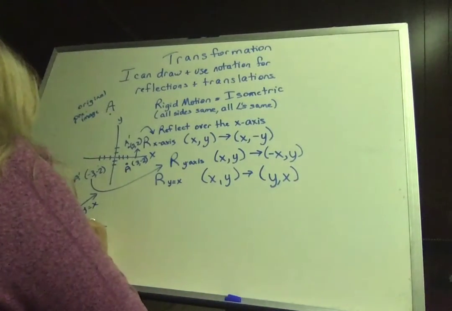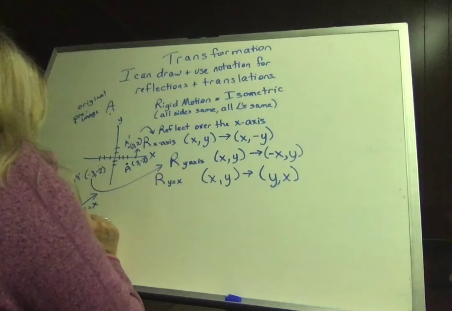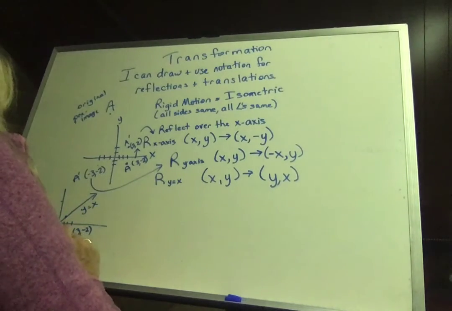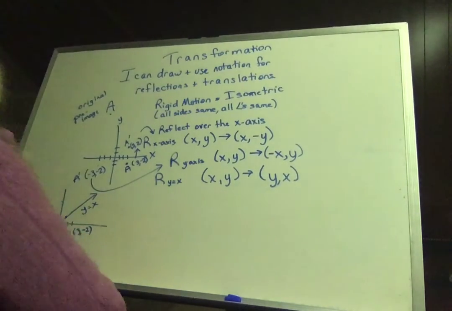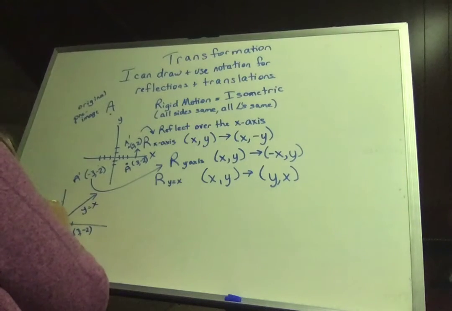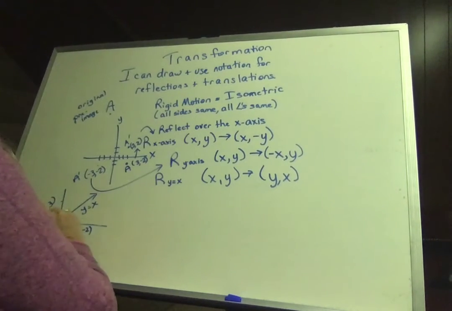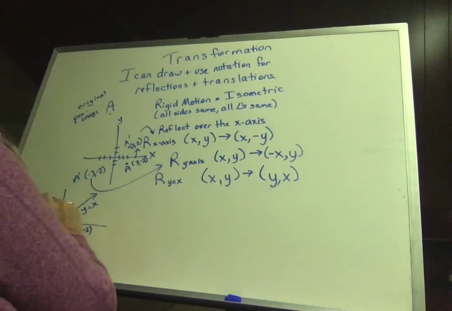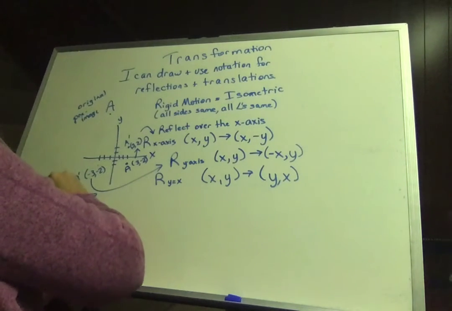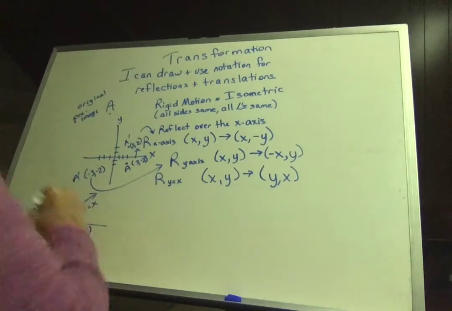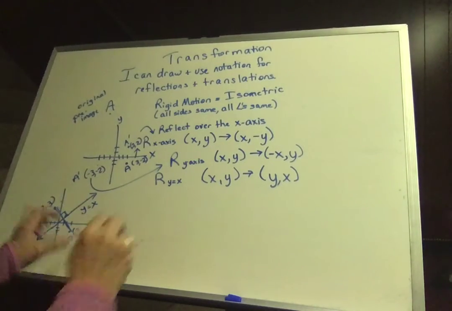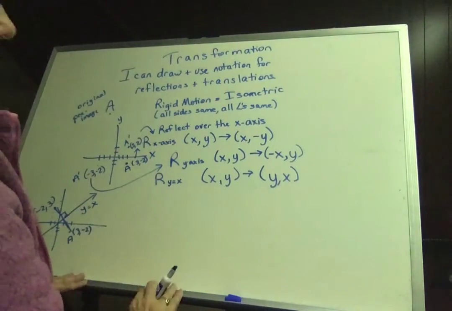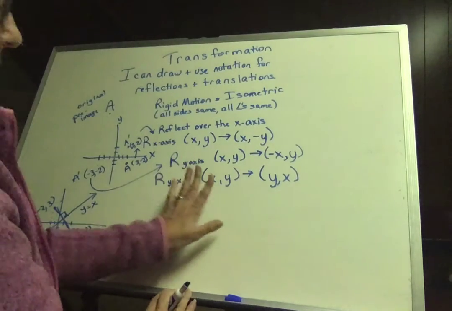So if it was 3, negative 2, then it is flipped, negative 2, 3. So this way is at a perpendicular. So the rule, if it goes over that line, is that they just flip.